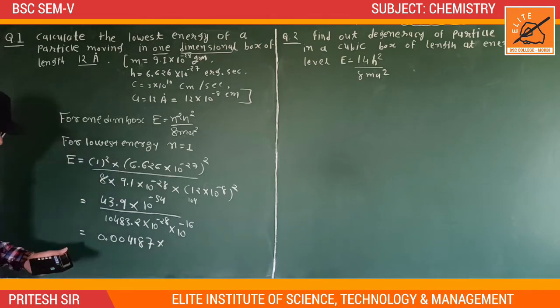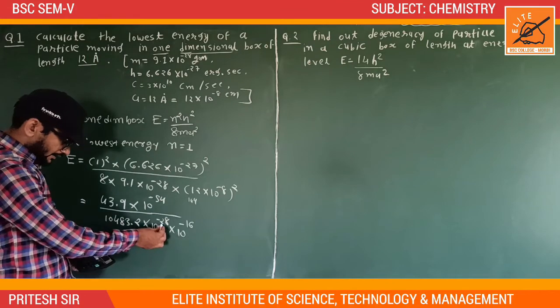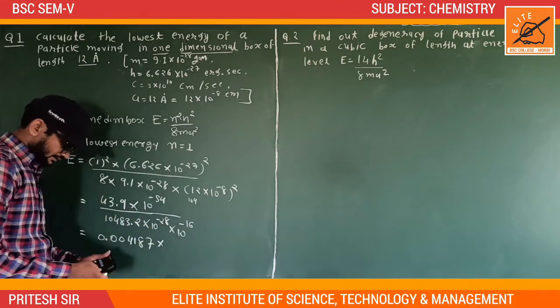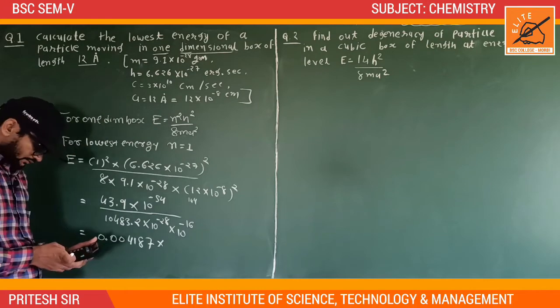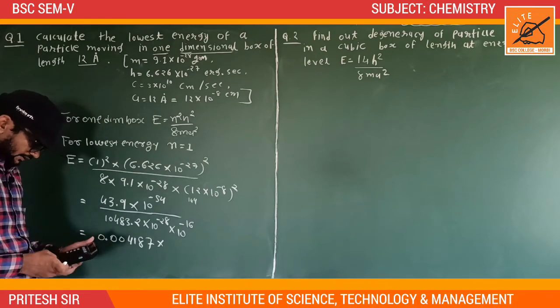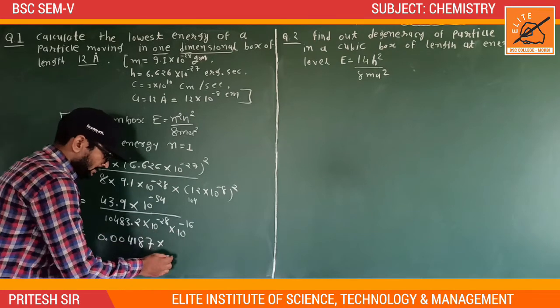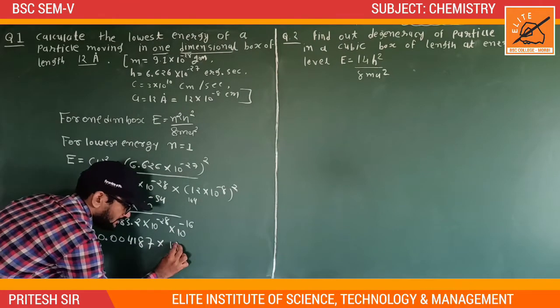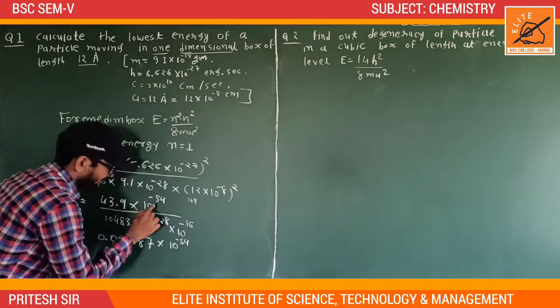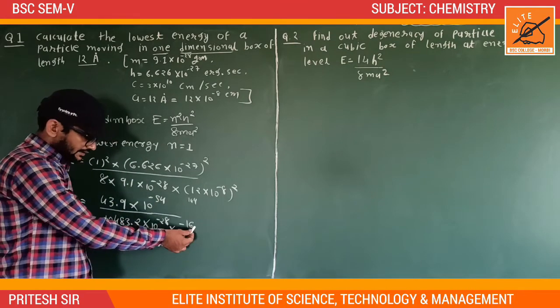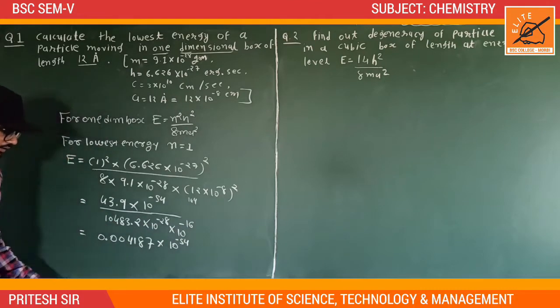Here the powers 28 and 16 add up to 44, so 10 to the power minus 44 in the denominator.